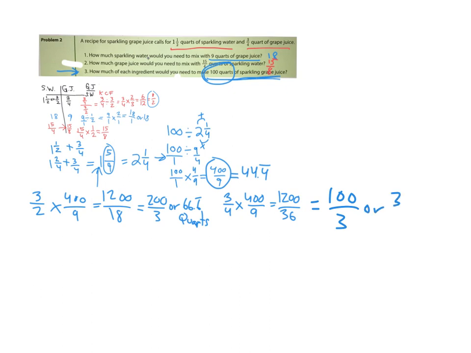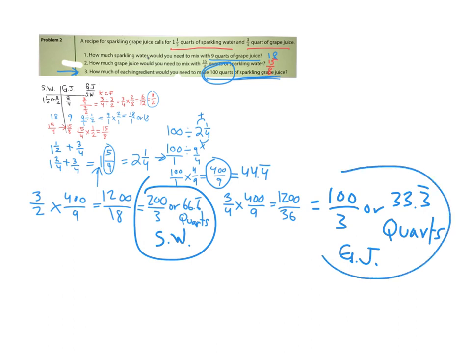In decimal form, 100 divided by 3 is 33.3. So you're going to need 33.3 quarts of your grape juice in that recipe if you want 100 quarts of the sparkling grape juice. All right, so there you have it. This is how much sparkling water, this is how much grape juice, per question number 3.